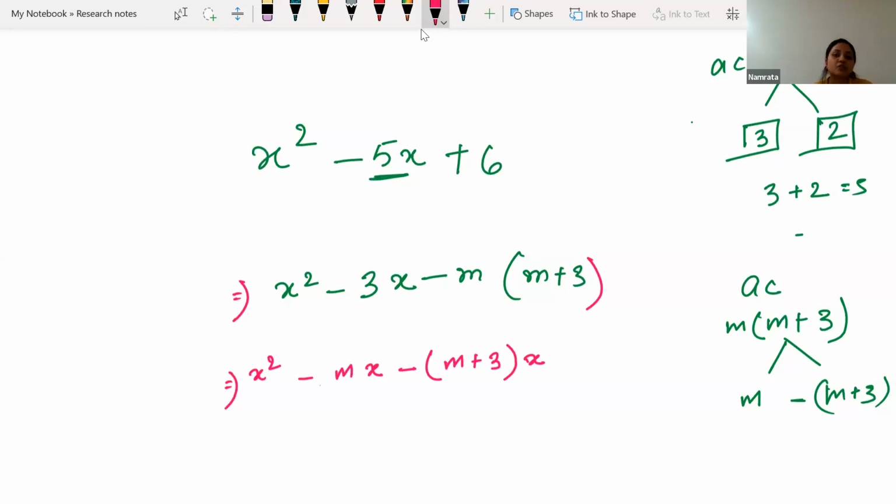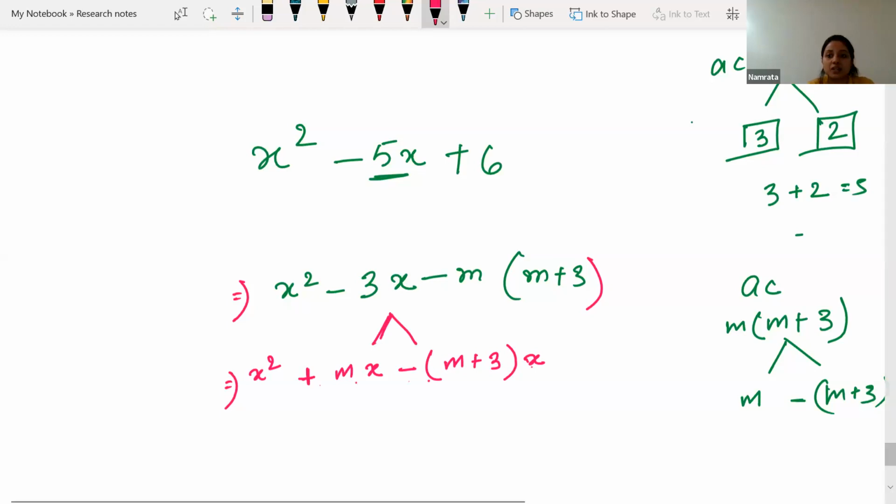Minus mx, no, we are not getting it. So what we will do, we will make this one positive, and write this as mx minus m plus 3 times x. Are we going to get minus 3x? Please check it, Aisha and Ziana.